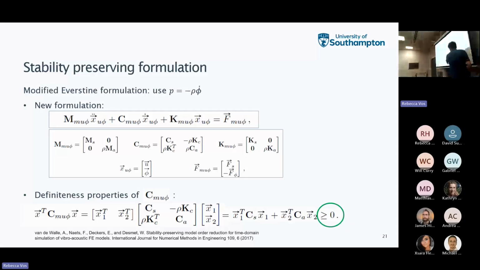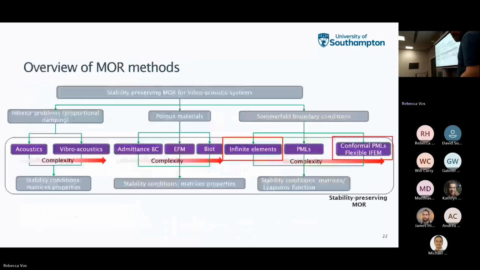In this case, if we do the same calculation, we end up with a term of which we can prove it's always bigger than or equal to 0, which means the definiteness properties of this damping matrix are known. That's the main difference of this formulation as compared to the previous formulation.